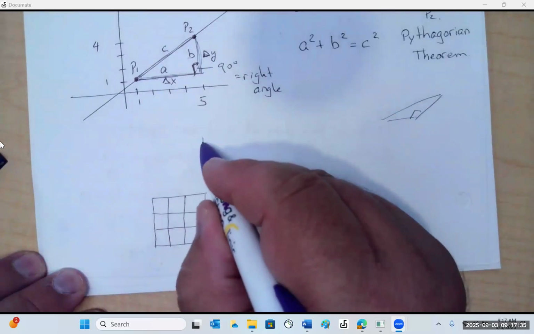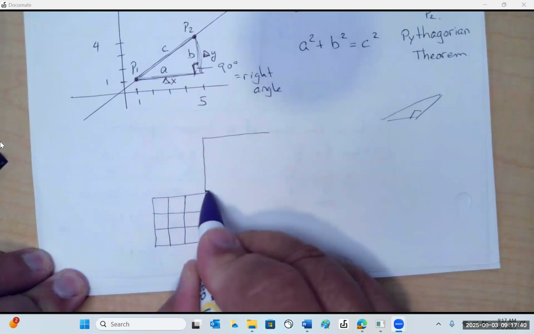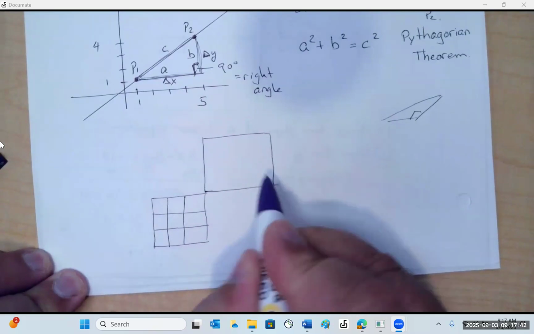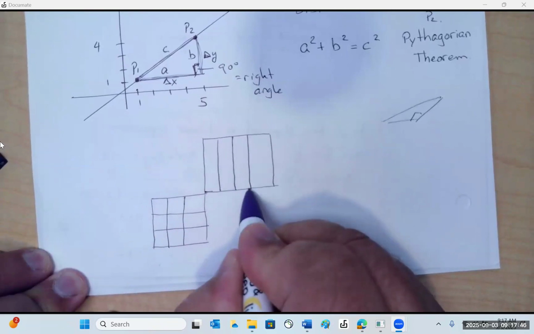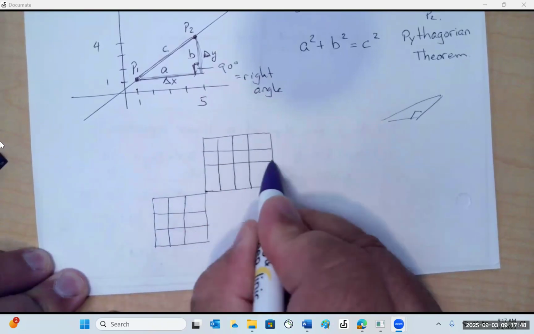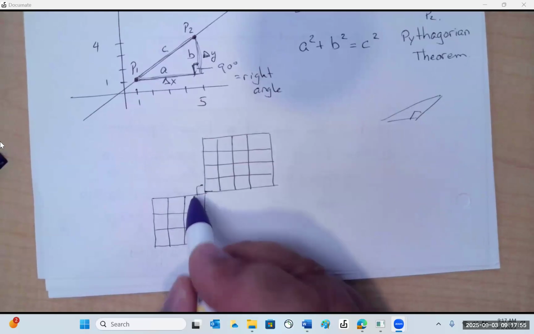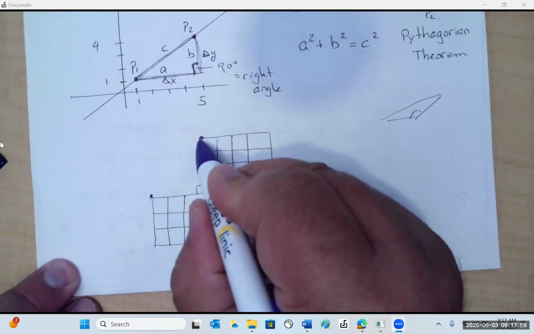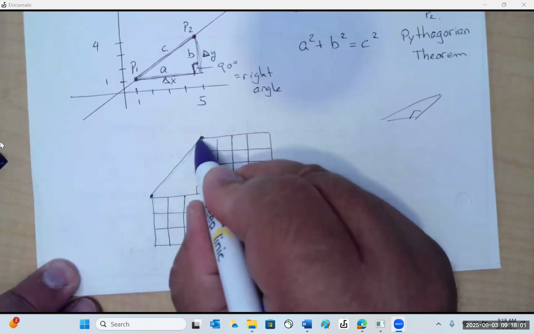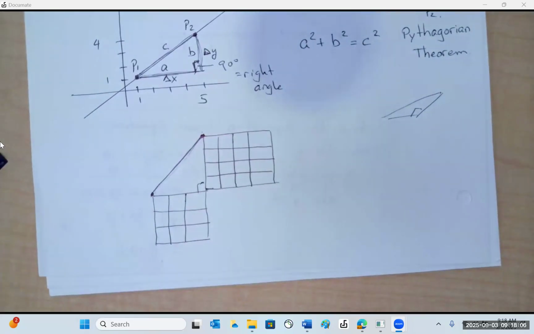Then they put 4 boxes side by side. They put them at a 90-degree angle. What he determined was he can determine how long of a distance it is between those 2 points.